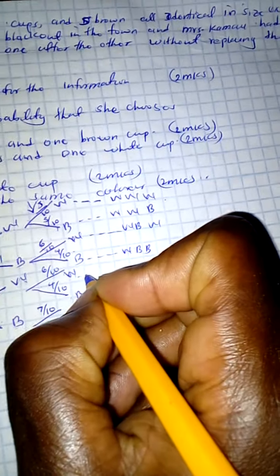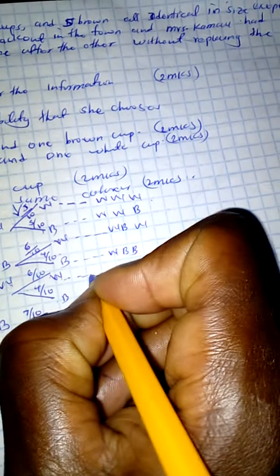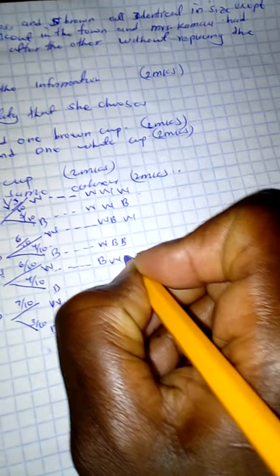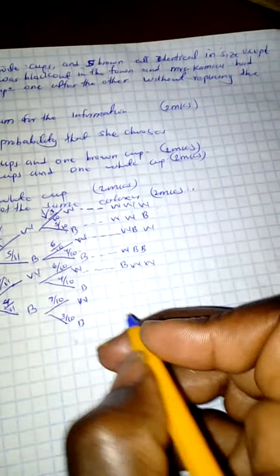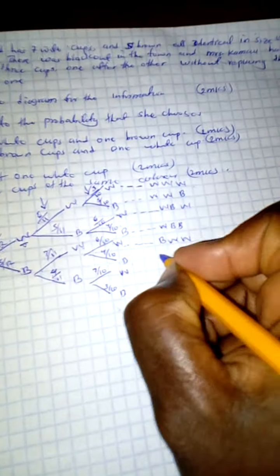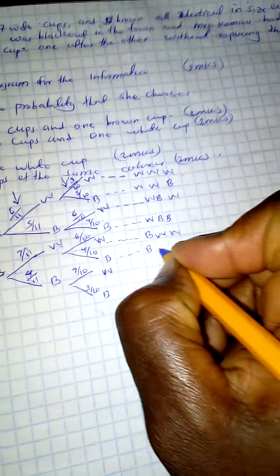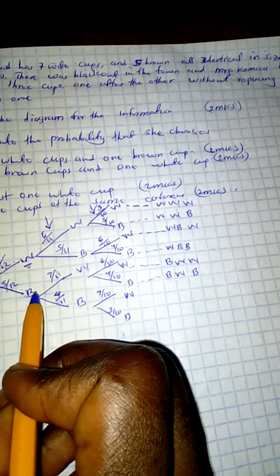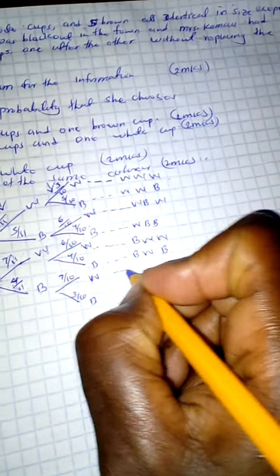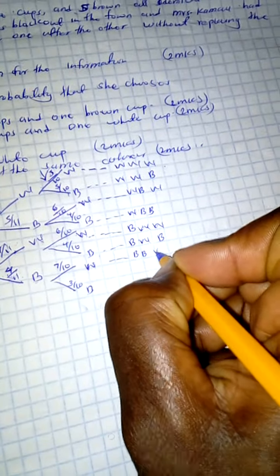Then again follow this one here, brown, white, brown. Then this one here, brown, brown, white.